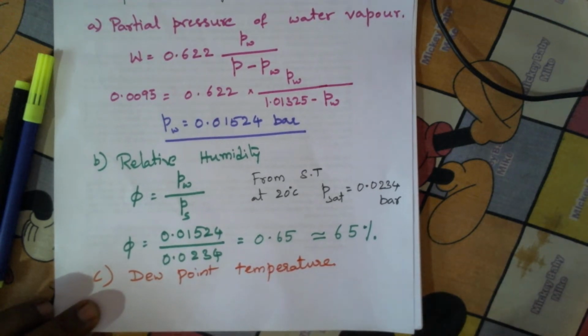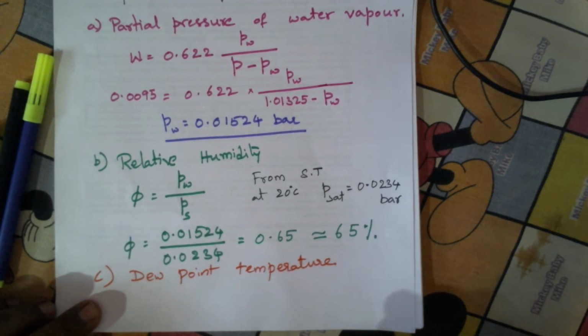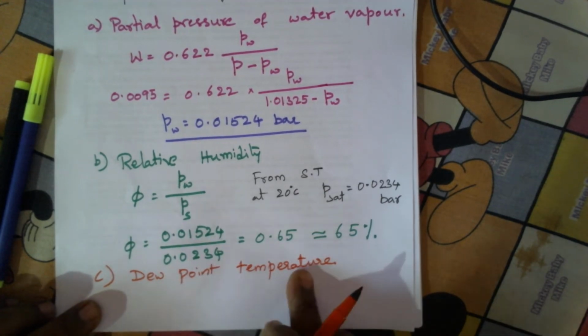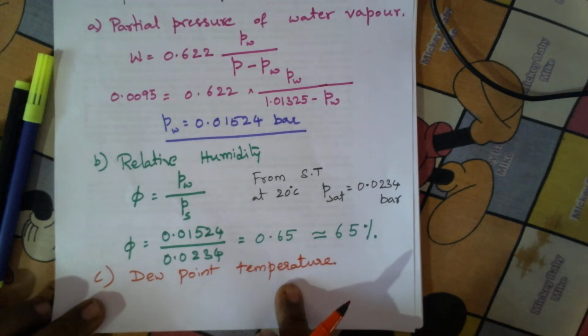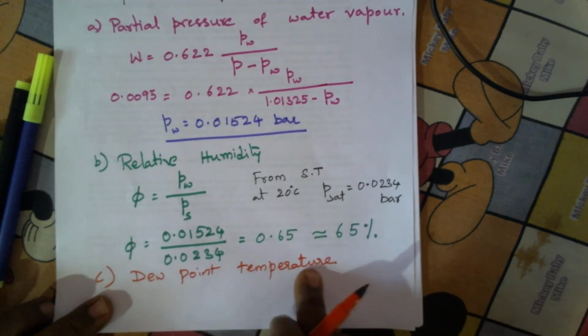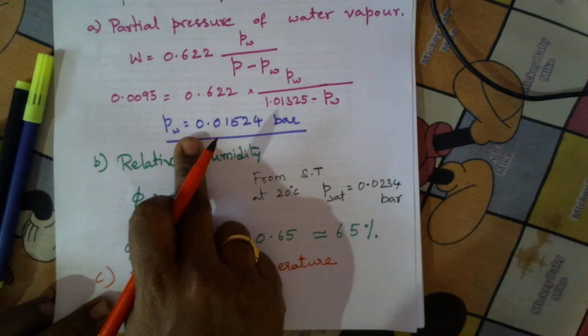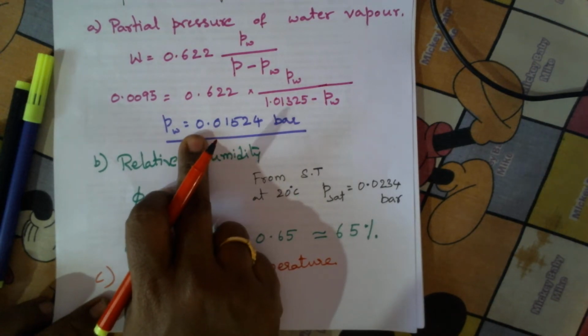In atmospheric air there is water vapor present, and when the water vapor is cooled in the atmosphere, it is going to be condensed at dew point temperature. Then what is that temperature?